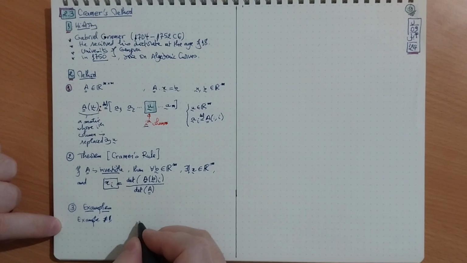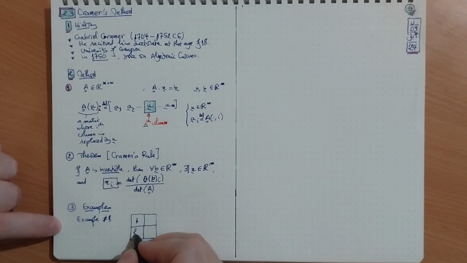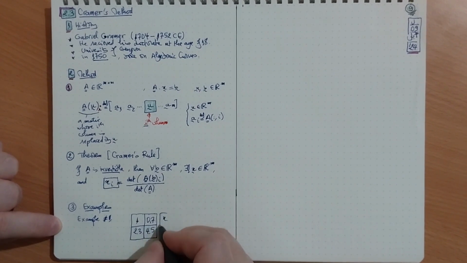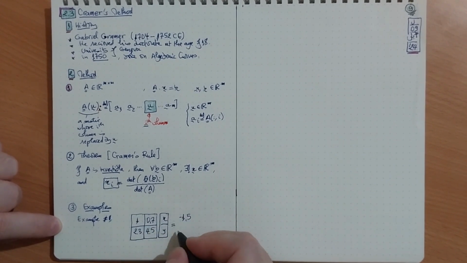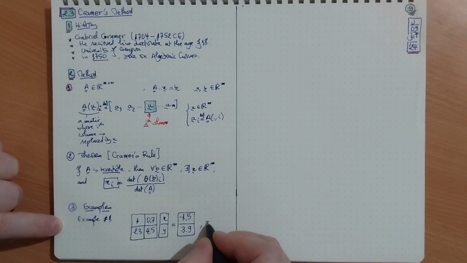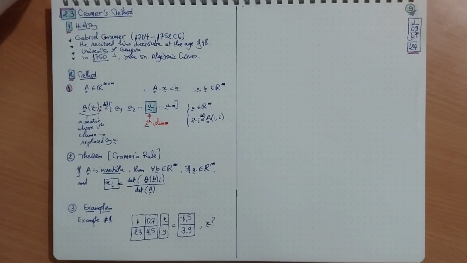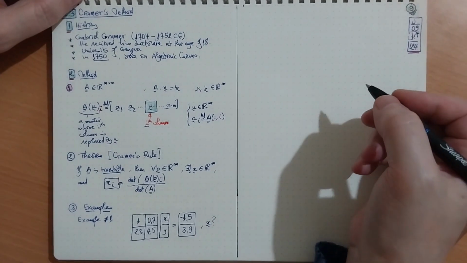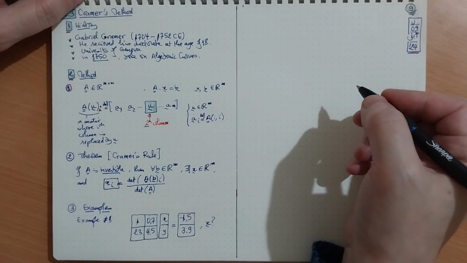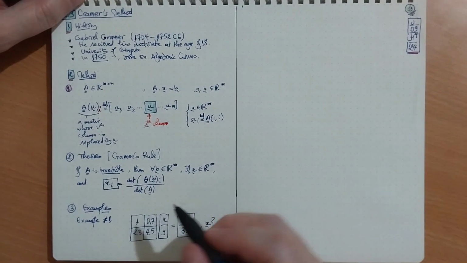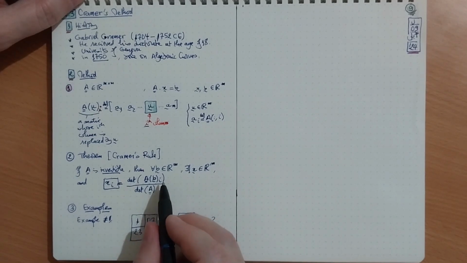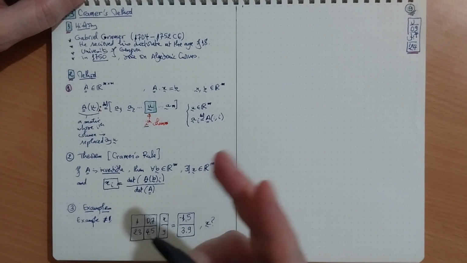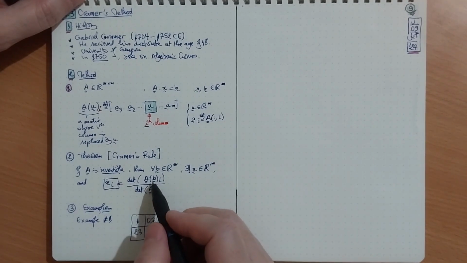Let's write it here. So this is our system, and the first thing to do is to calculate the determinant of the matrix, and then the auxiliary determinants, one for each component. We have two components, so we will calculate two auxiliary determinants.